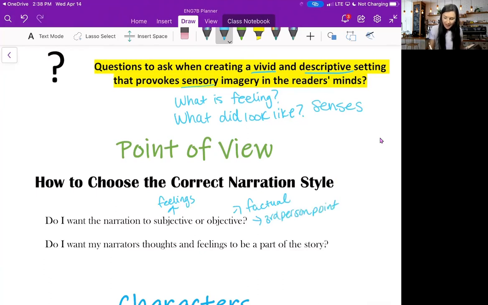If we want the narrator to have their feelings involved, then they probably need to be telling the story. So that would be more commonly seen in first person point of view. Okay. And do I want my narrator's thoughts and feelings to be a part of it? Again, that's really deciding between first person point of view or third person point of view. Now, your assignment may tell you what point of view to write it, or you might have the option.